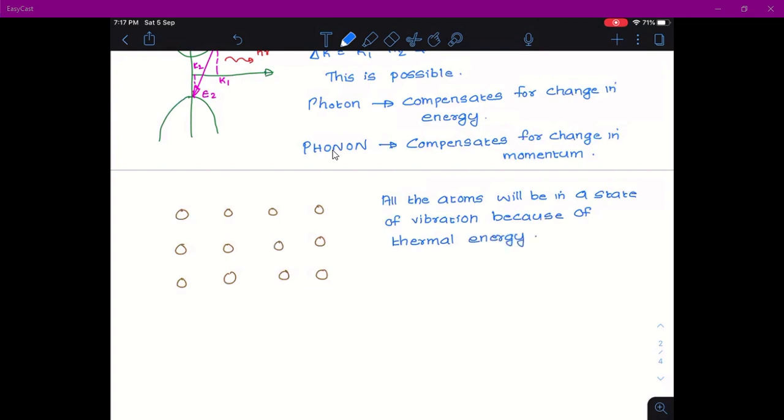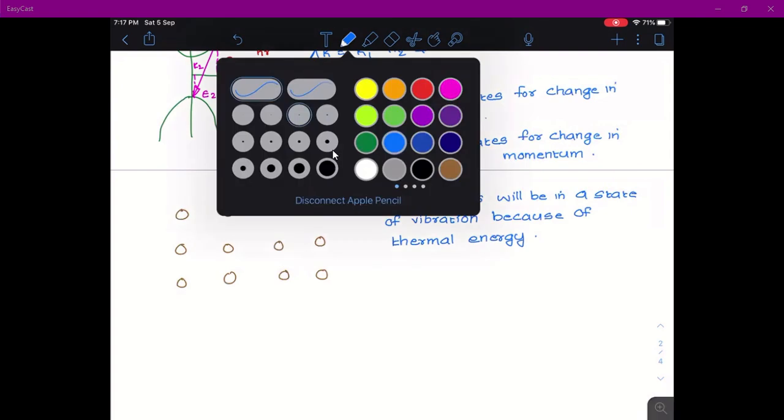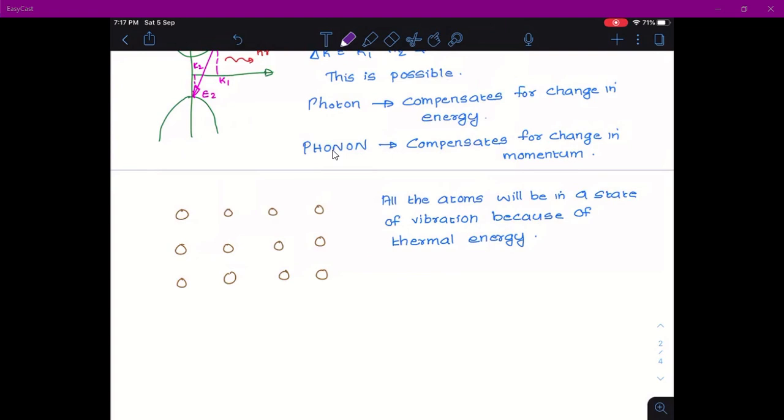Because of thermal energy, all the atoms will be in a state of vibration. You can say that these atoms are connected using some kind of spring, so there is a spring here which connects all the atoms, and the atoms will continue to vibrate.